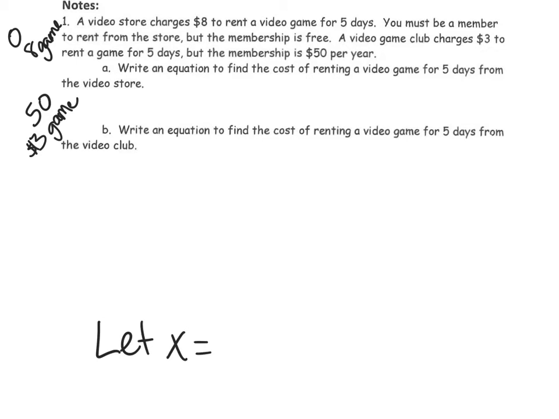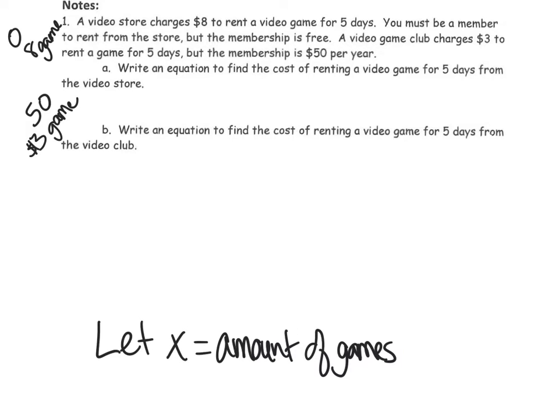Charges per game? We know that. It's $8 and it's $3. Days? Days, we know that. 5 days. How many games? Let x equal the amount of games that you rent. How many times you rent a game? Okay? That's our x. We've identified it.